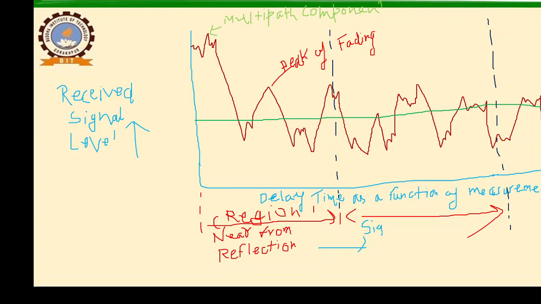That received signal arrived from the intermediate middle of transmission and receiver. This area is known as region number 2.